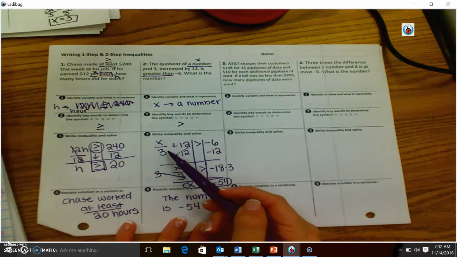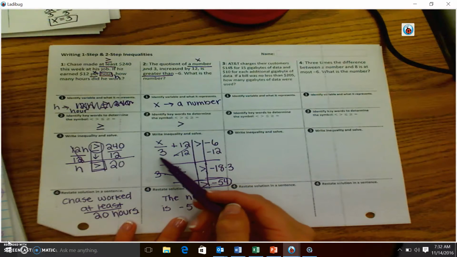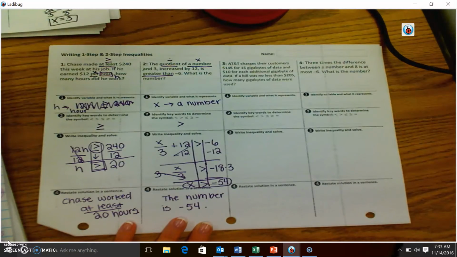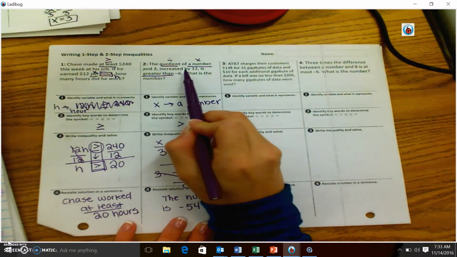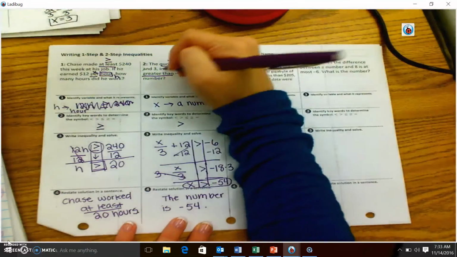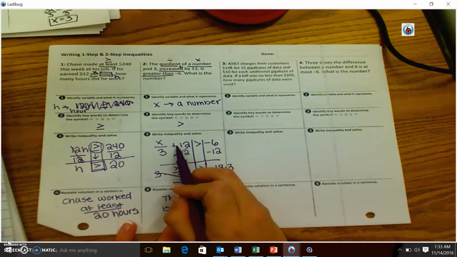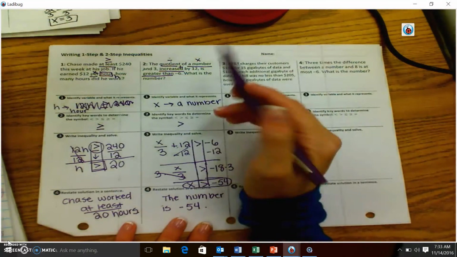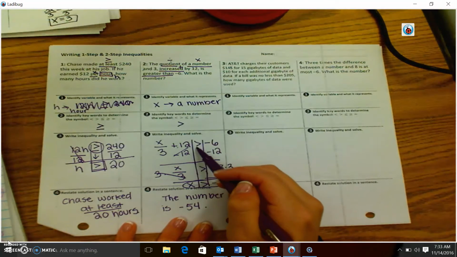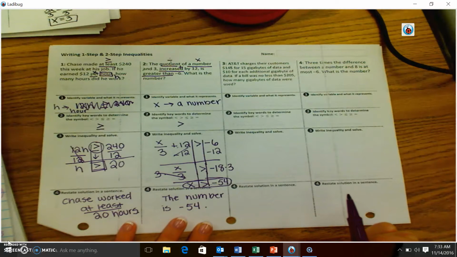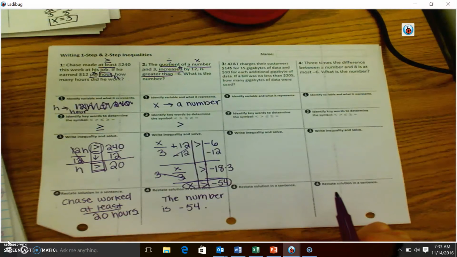Yes, it's dividing, so it's x over 3, because quotient means to divide. Now it says that it was increased by 12. Increased means what operation? Addition. So we put plus 12. And then it says is greater than, so there's our greater than sign, negative 6. So it comes after the greater than sign.